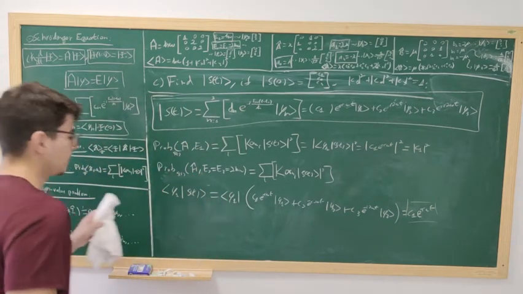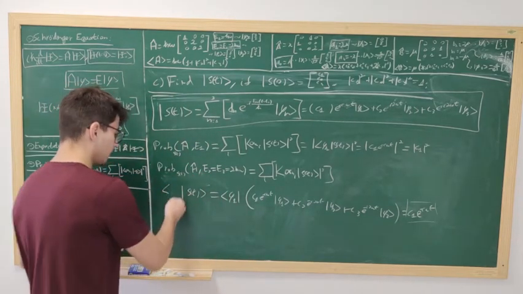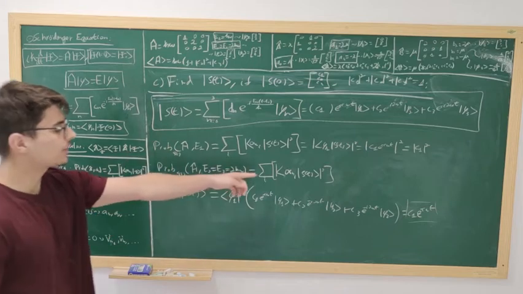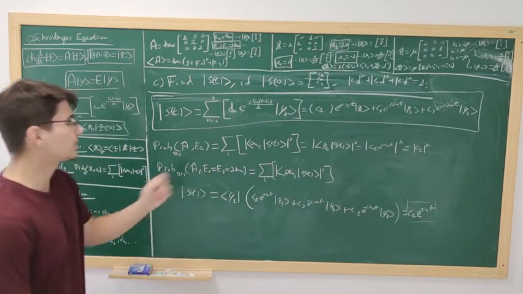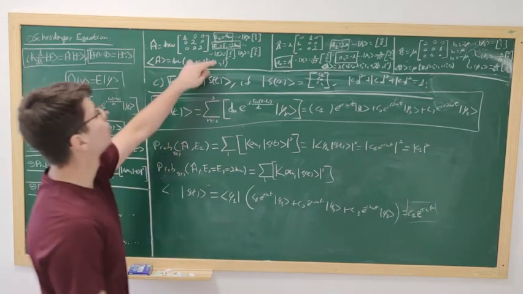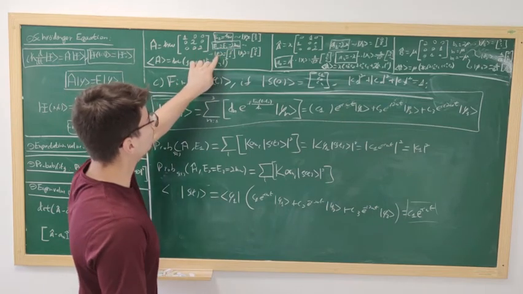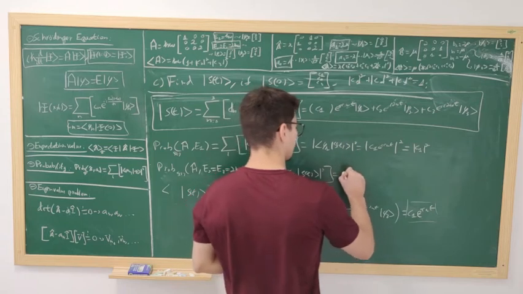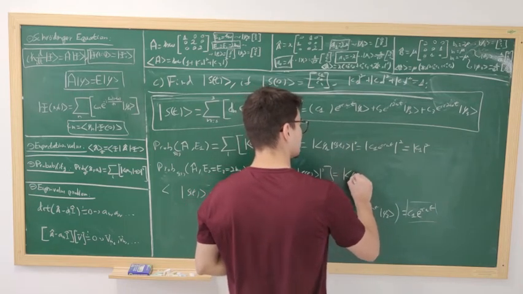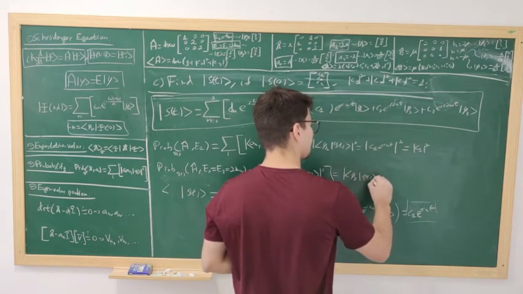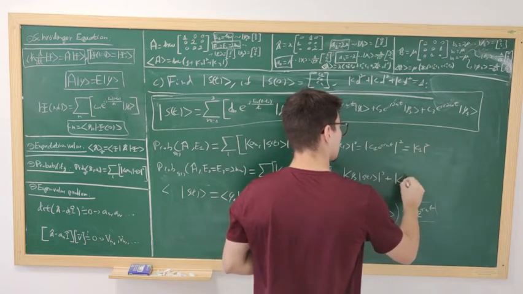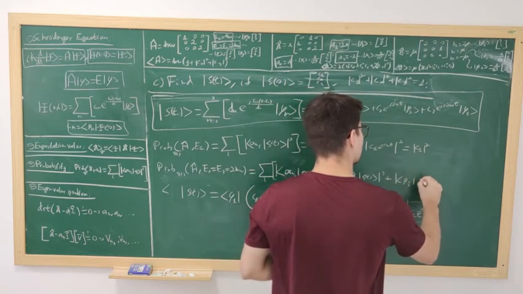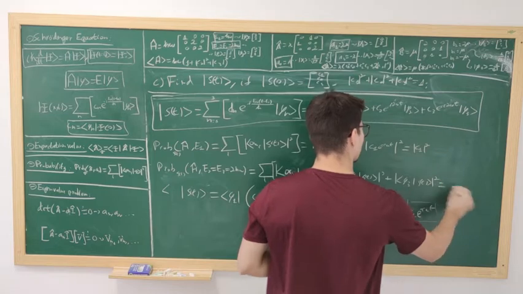So, what are all the eigenvectors corresponding to this eigenvalue? Well, in this case, we have two. Corresponding to this eigenvalue, we had phi 2 and phi 3. So if we expand this, we will get that this is the inner product of phi 2 with psi(t) squared plus the inner product of phi 3 with psi(t) squared.